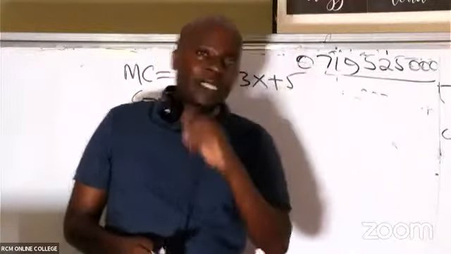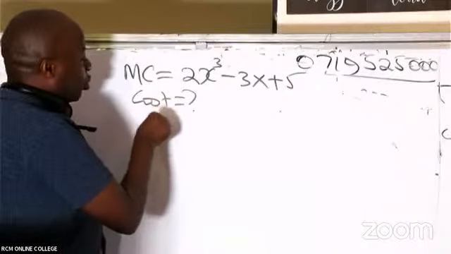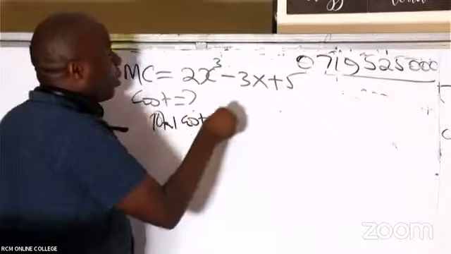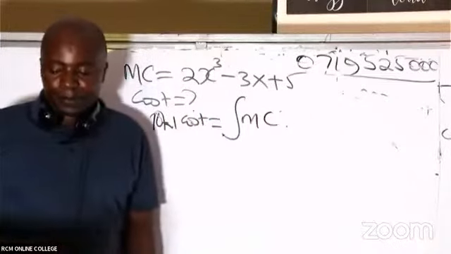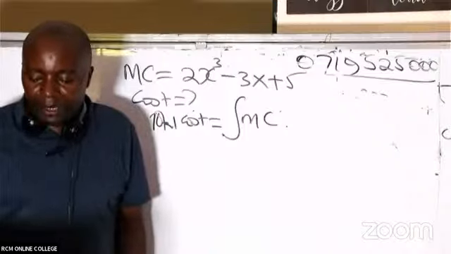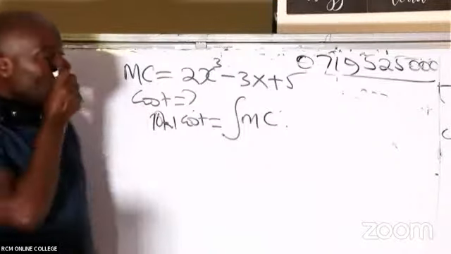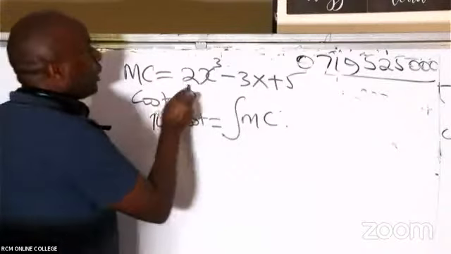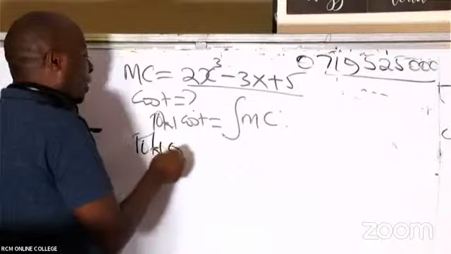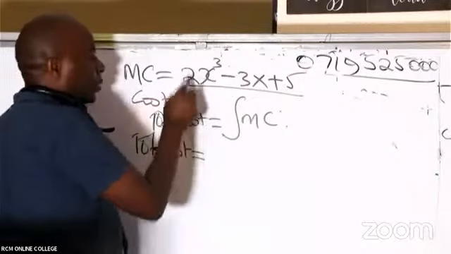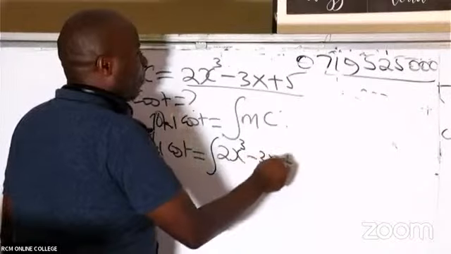So to get total cost, I will come and integrate the marginal cost. So I'm integrating here 2x cubed minus 3x plus 5.